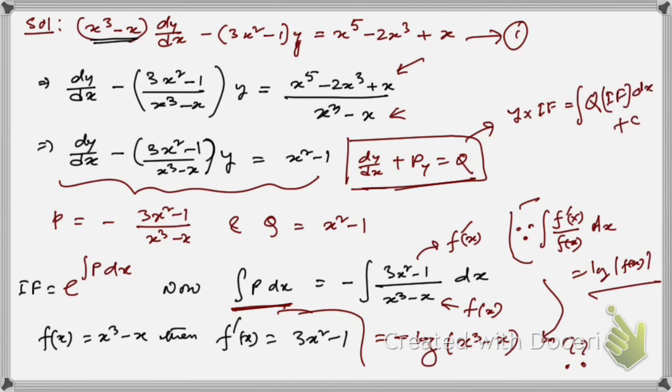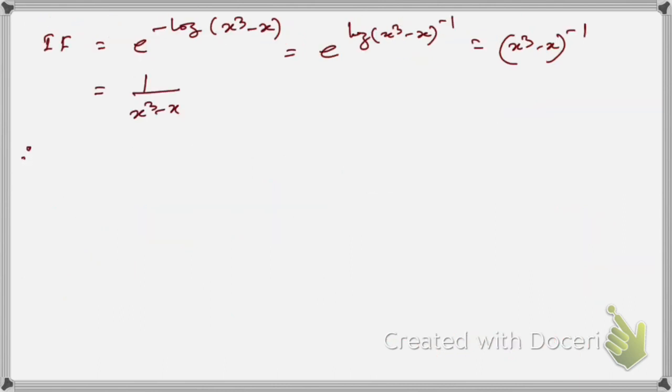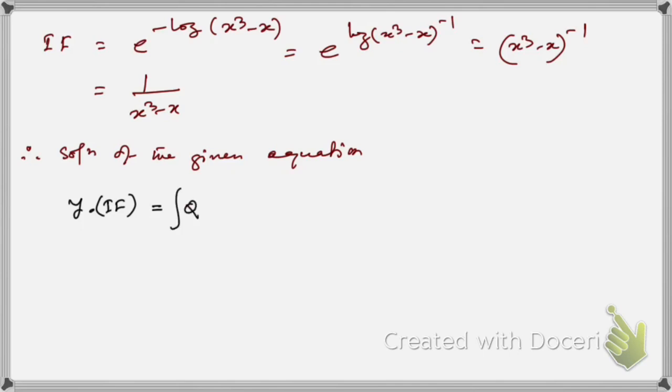This is the solution, right? So the solution of the given equation will be y into integrating factor is equal to integration of q into integrating factor dx plus c. That's going to be our solution.